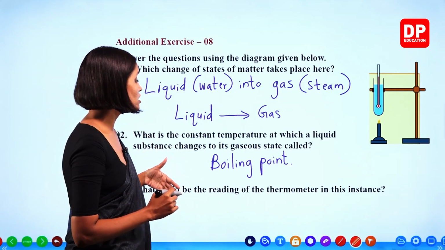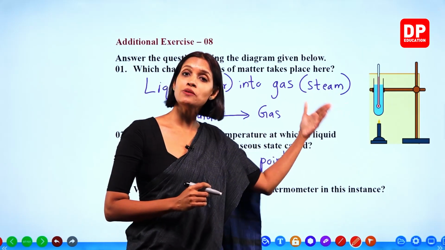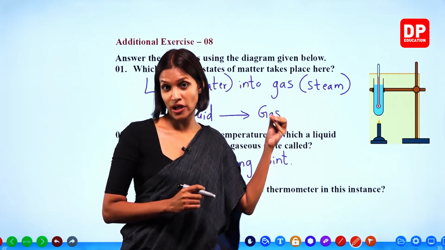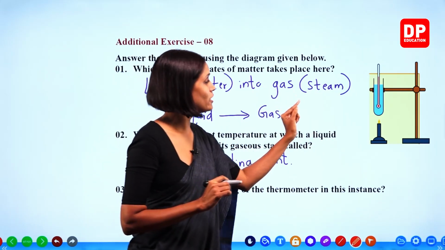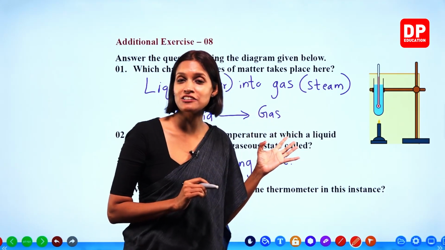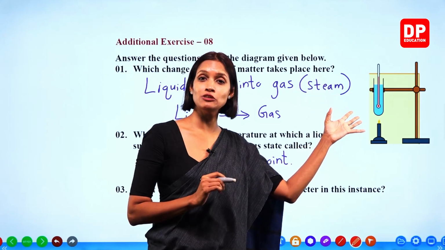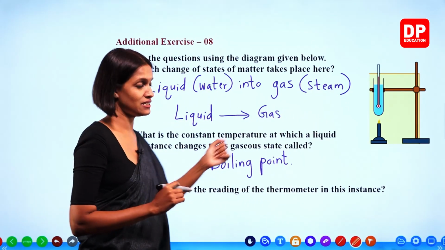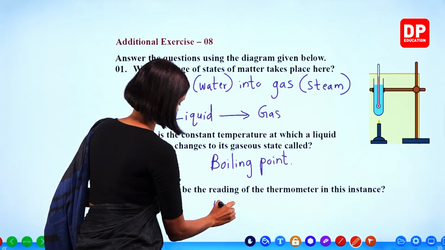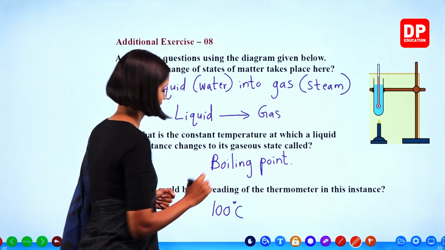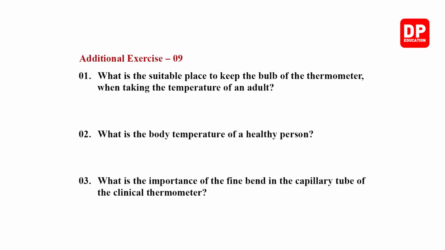What could be the reading of the thermometer? What could be the boiling point of water? You have to memorize this bit. Boiling point of water is 100 degrees Celsius, right? Therefore, at this time, the thermometer reading could be 100 degrees Celsius. Right. We'll move on to the next.